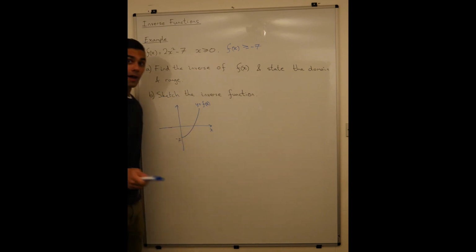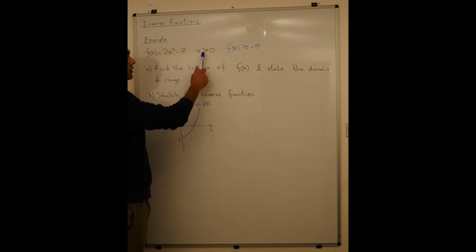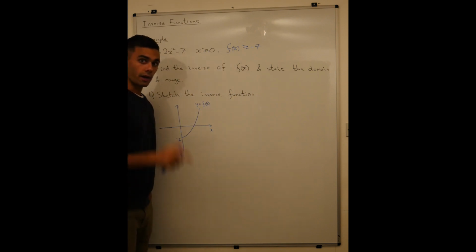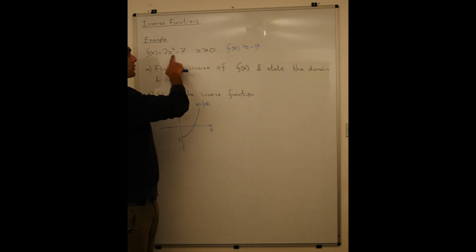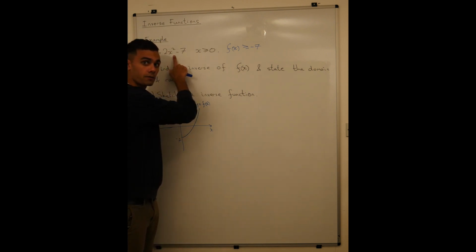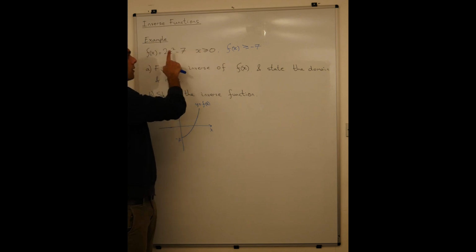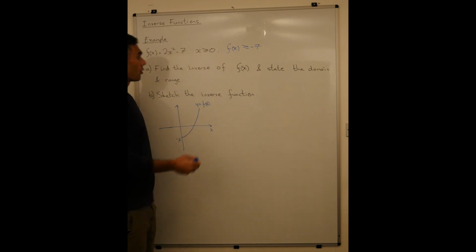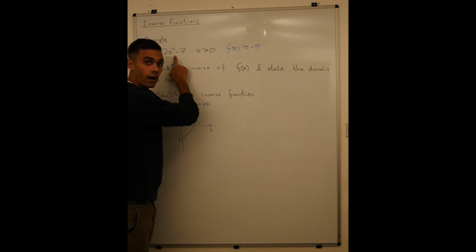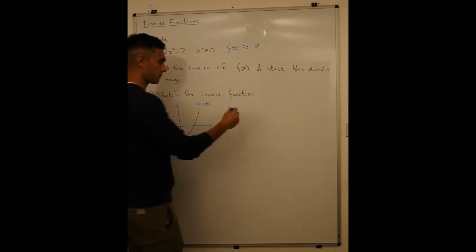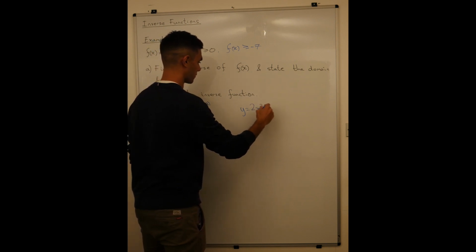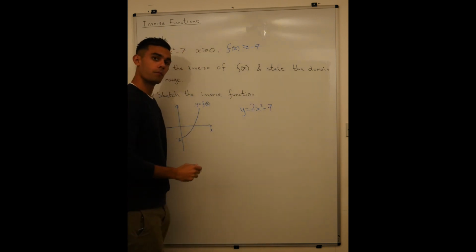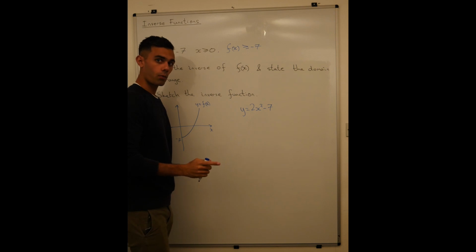Alright, so far we haven't done anything with the inverse. We know the domain and the range of the original function. Now put that to one side, it's going to come in useful later. Now to get the inverse of this, it's a method. First of all, let y equal your function. Then swap y and x.